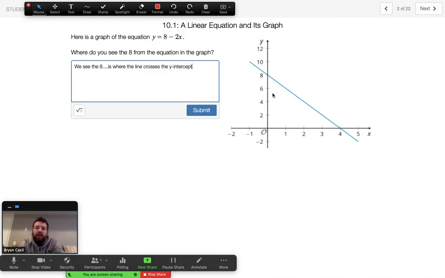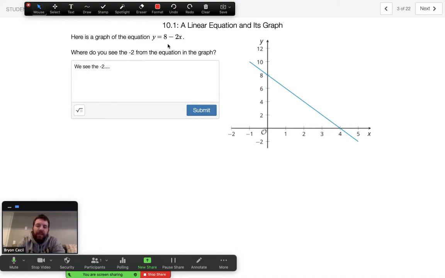So we see it right here. What about the negative 2? Well, we know that it's with the x, so the negative 2 is the slope of the line. It's going down 2 over 1 each time, so down 2 over 1, down 2 over 1.